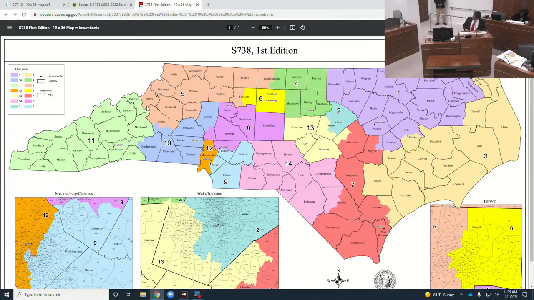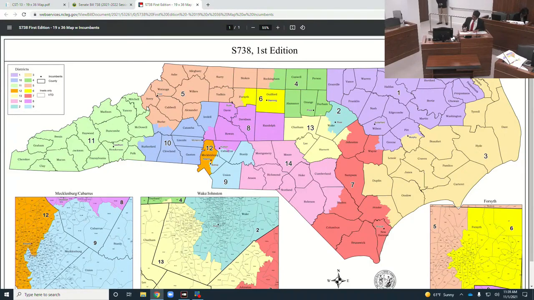So on the far east, you will see Senate District 3. That is a Senate district primarily comprised of the coastal counties. And as we move towards the west, you'll see Senate District 1 that runs from Granville County to Pasquotank County.